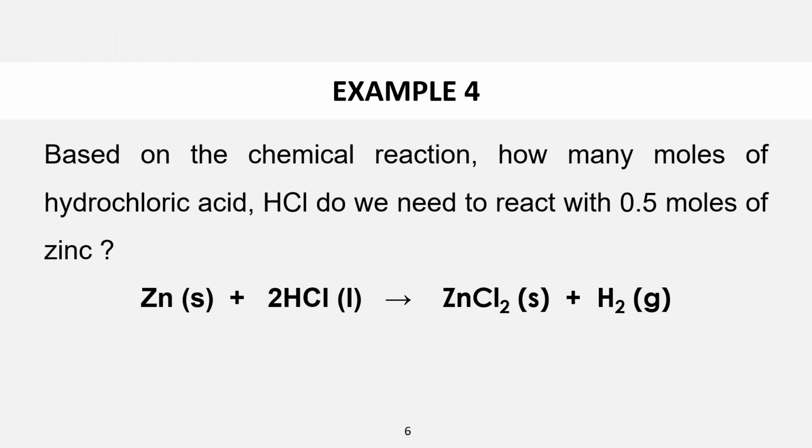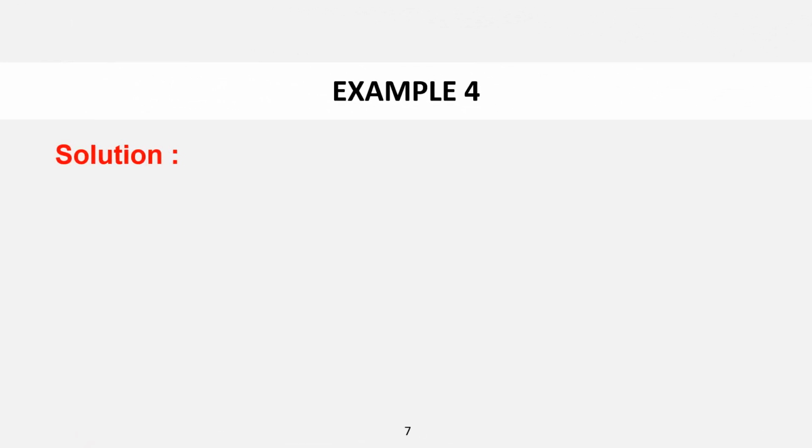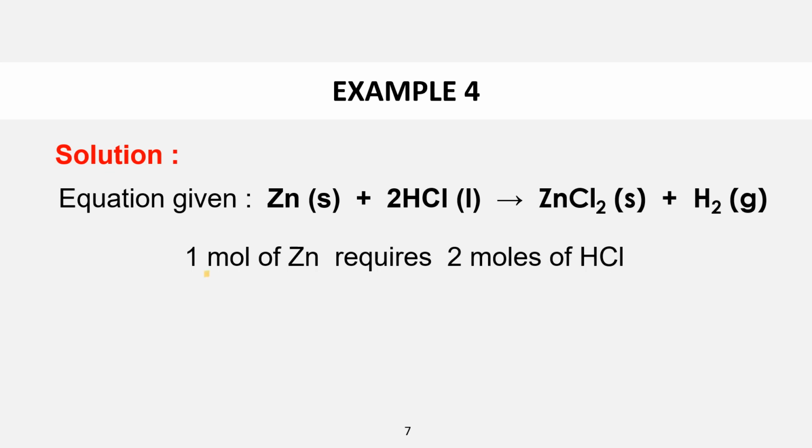Let's take a look at another example. Based on the chemical reaction, how many moles of hydrochloric acid do we need to react with 0.5 moles of zinc? From the chemical equation given, we can see that 1 mole of zinc requires 2 moles of hydrochloric acid.